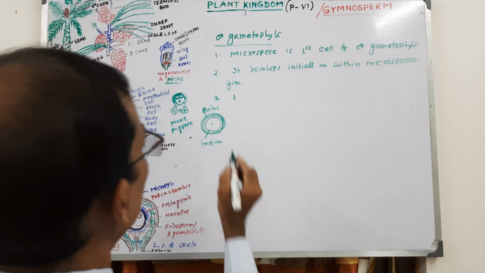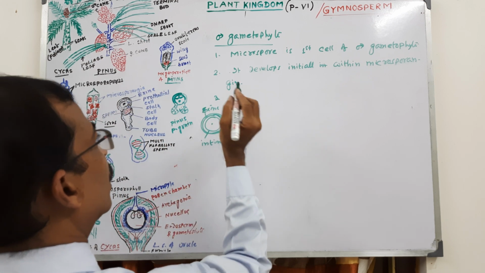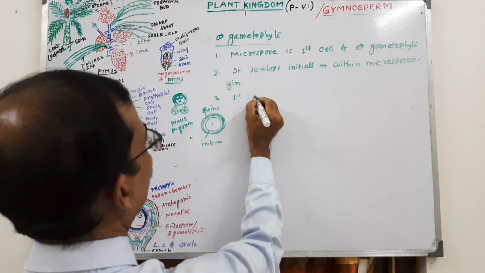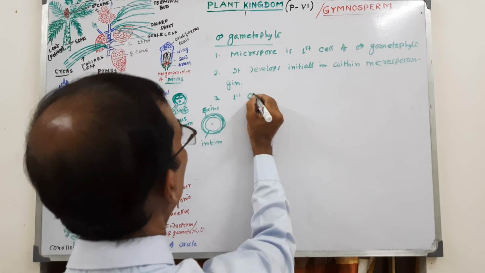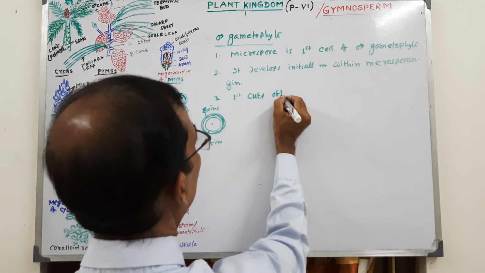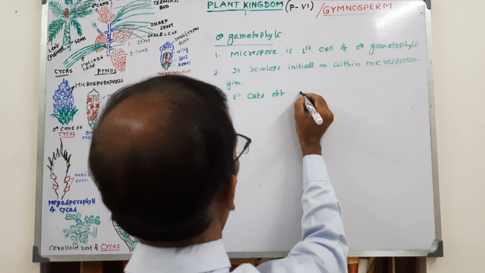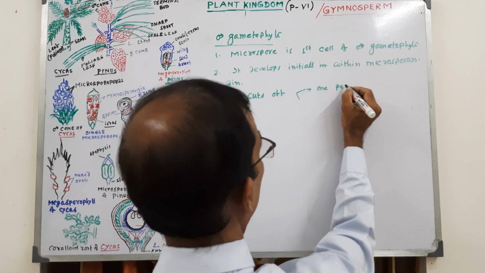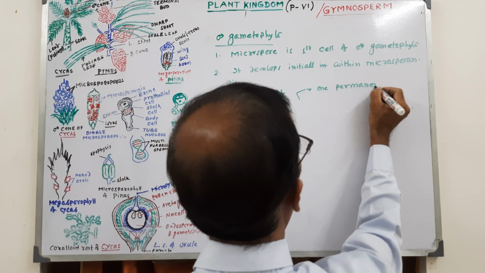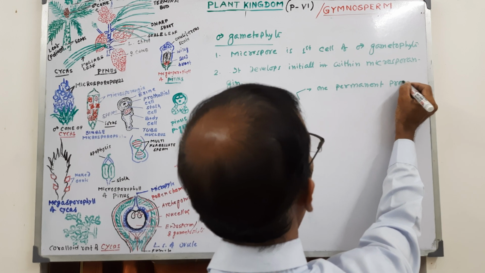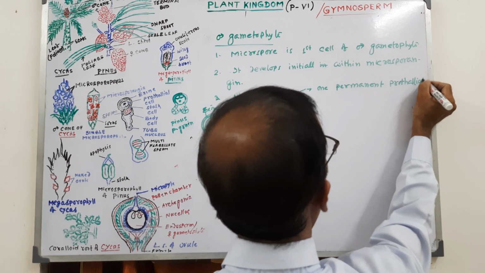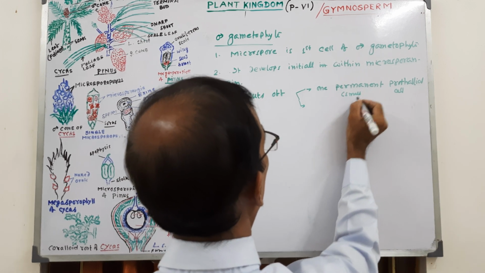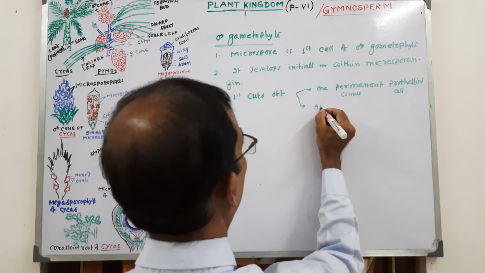Within the microsporangium, each microspore first cuts off, by mitotic division, two cells: one small permanent prothallial cell and one large antheridial cell.